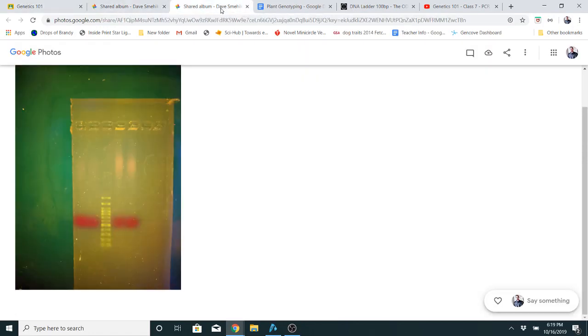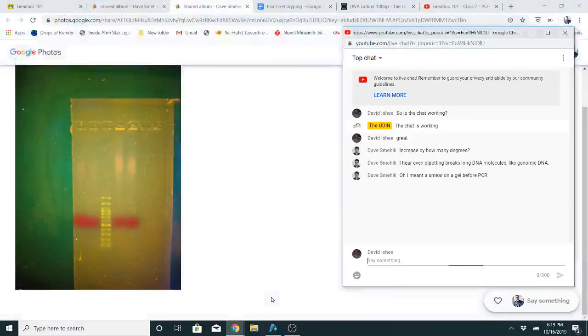So from your notes in the class, this one was the NaOH, or no, this was the non-NaOH prep, and this was the NaOH prep. Is that right? Okay. So this is with and without RNase treatment.